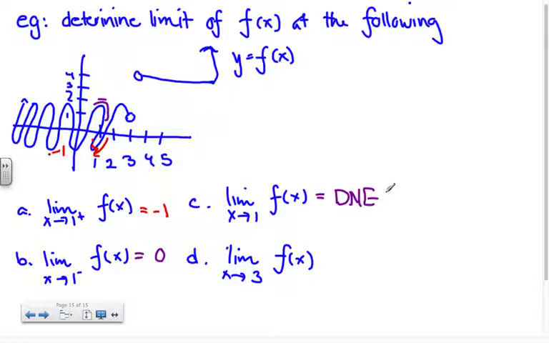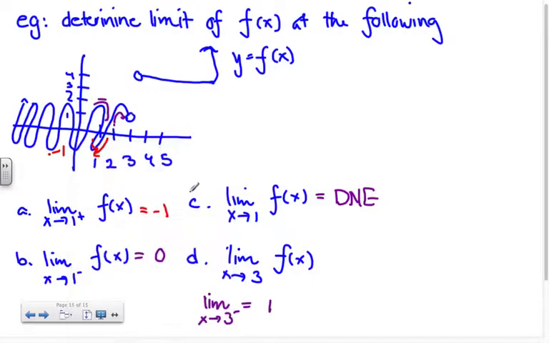Now, same thing for 3. As I approach 3 from the left, here, I am approaching 1. So I'm going to break it down. Limit as x approaches 3 from the left is equal to 1.